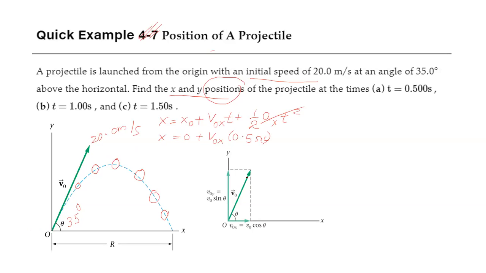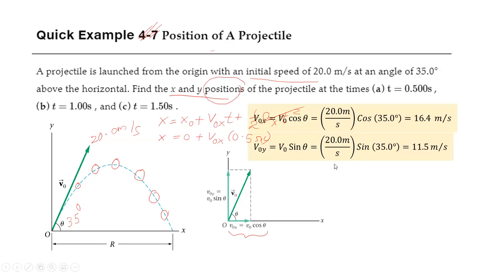No. If you start from 20, your answer is wrong, because v0 is 20; v0x you need to find out first. Your first job, for this type of motion, is to find v0x and v0y. I found them here, because that should be my first step. Now you know v0x is 16.4, so therefore you know the position.